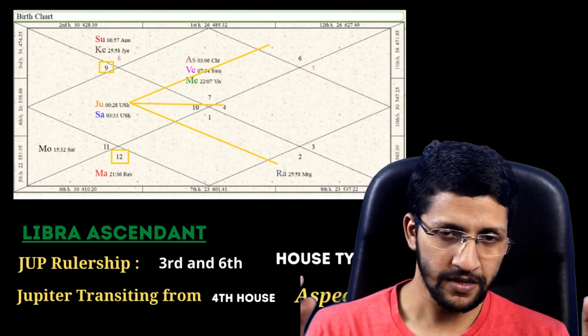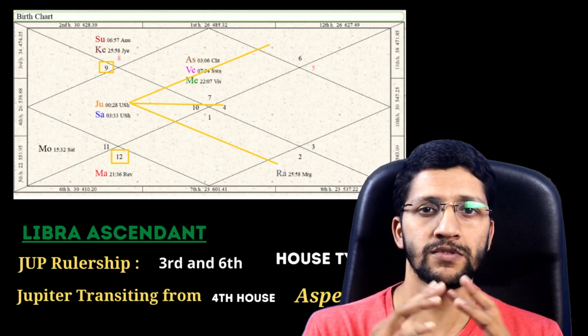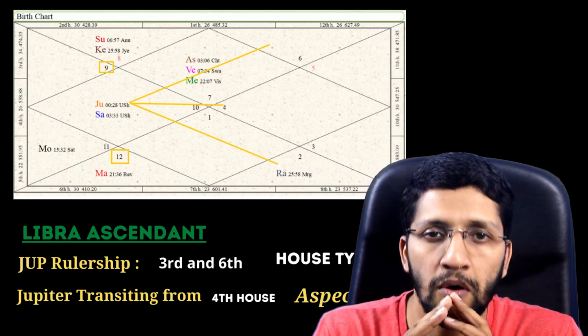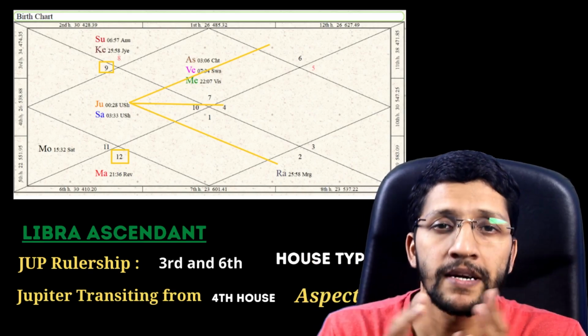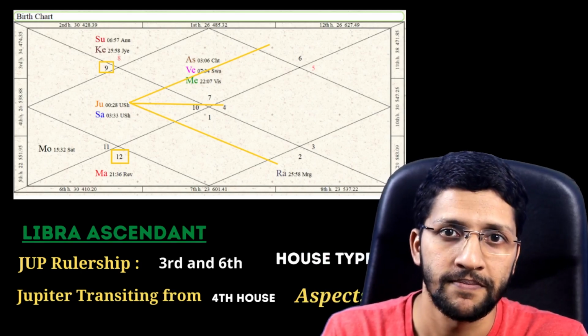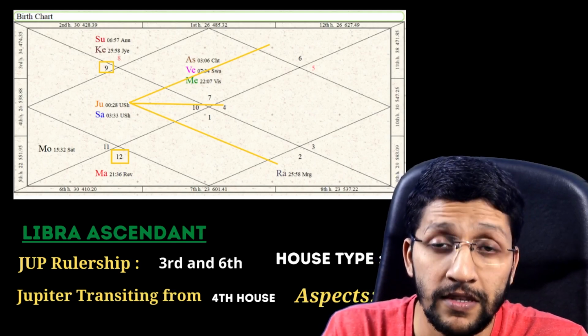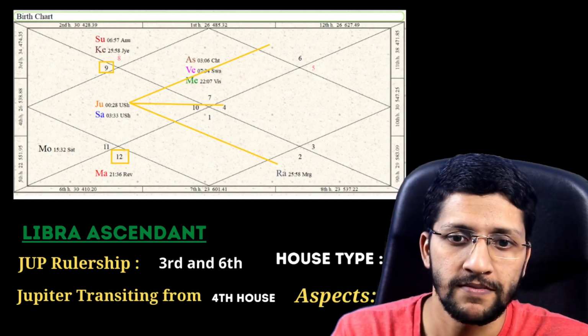And when Jupiter is transiting through the 4th house, it also shows that you will have a positive, happy environment at your home. This is also one of the significations of this transit through the 4th house.